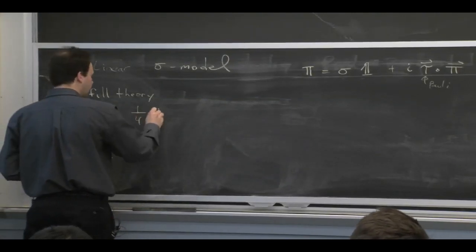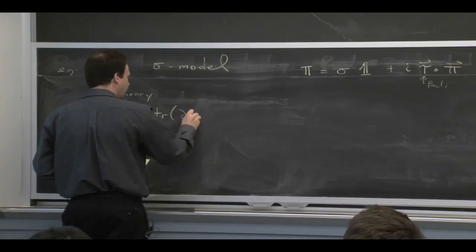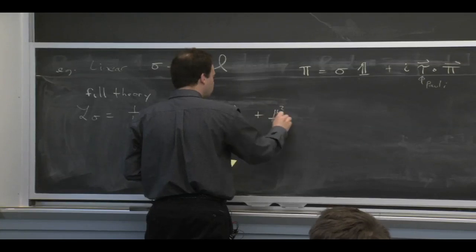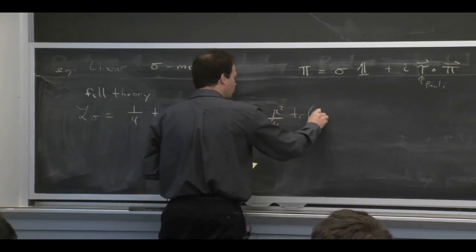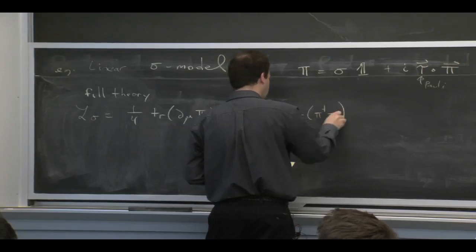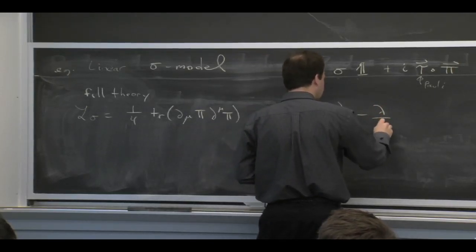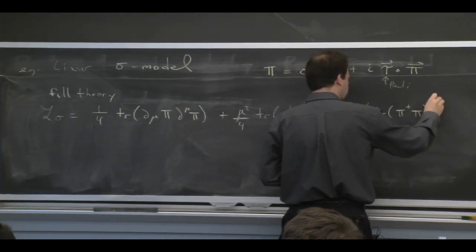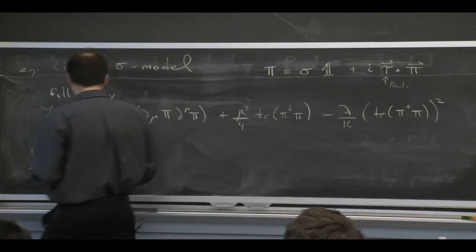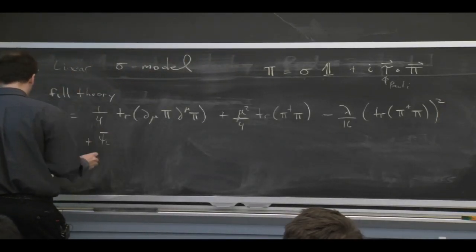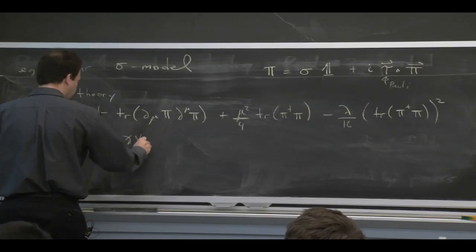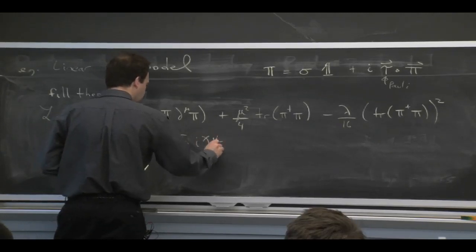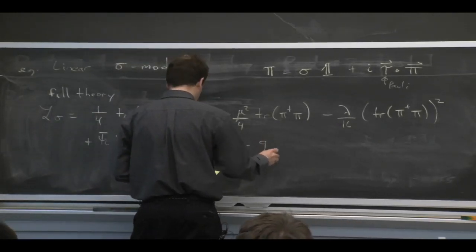So the full theory for this sigma model is the following: kinetic term, mass term, interaction term, and I can couple it to something else like a fermion to make it more interesting, with Yukawa couplings.